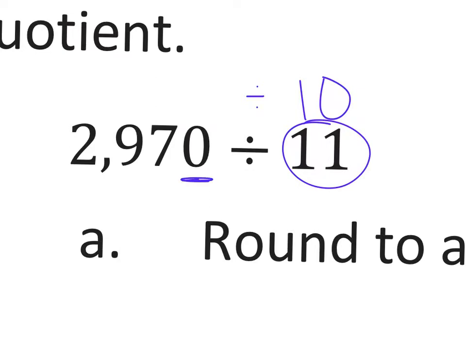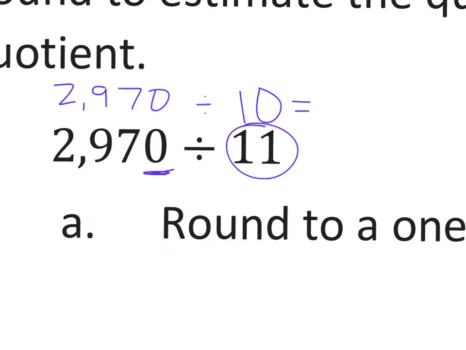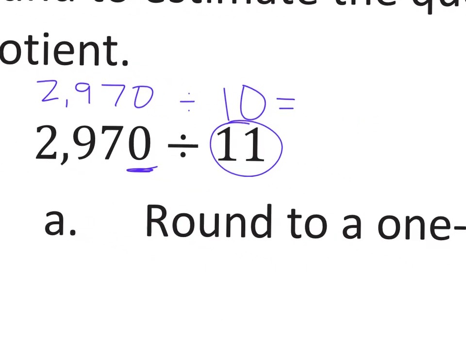And this already ends in a 0, so theoretically you could just leave it alone. And we know dividing by 10 means we're just going to be losing a place value, so my answer should be close to 297. But to get to a one-digit fact, I don't have that. What I would have to do is round to the greatest place value or second greatest place value to get to a basic fact.